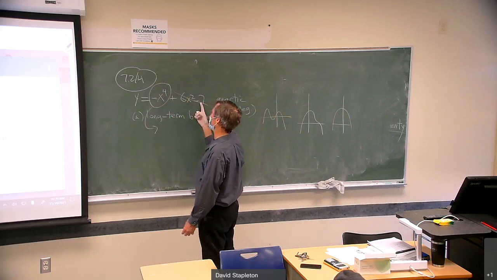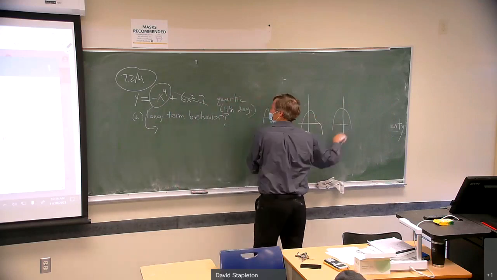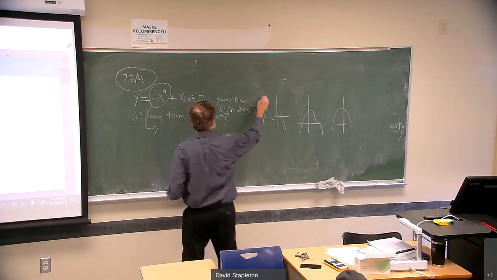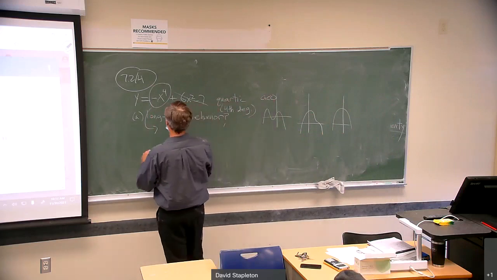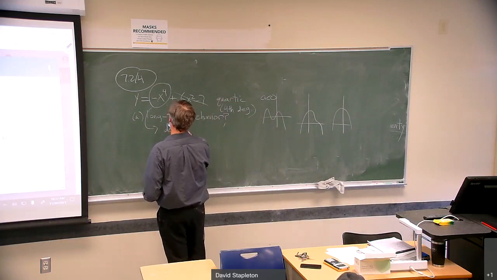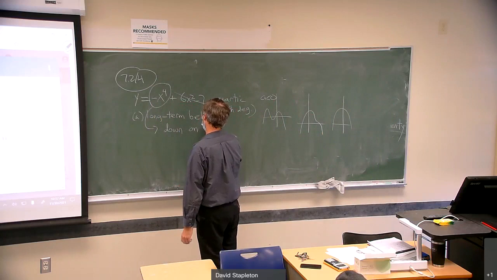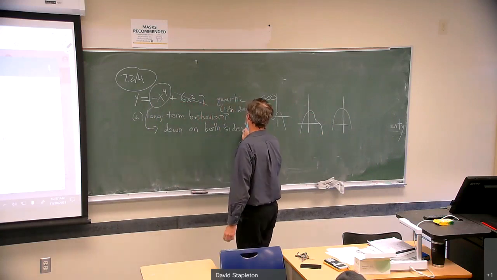It overpowers these. In the middle, you can wiggle like that. But in all cases, it's down on the right because this term dominates and its coefficient is negative. So this is A less than 0. That's what we have here. So it's down on both sides for fourth degree because minus x to the fourth is negative on both sides. Down on both sides. You look at the dominant term or leading term.